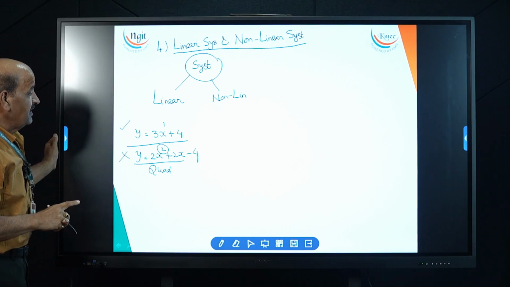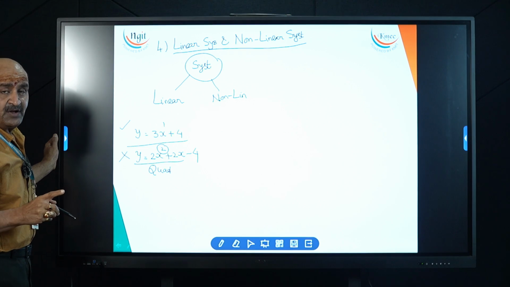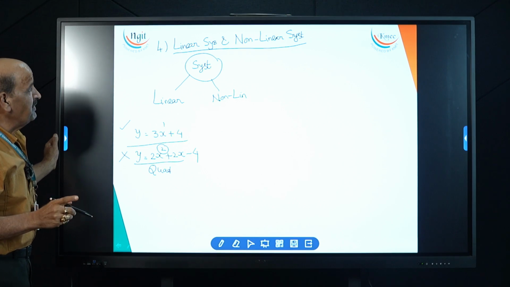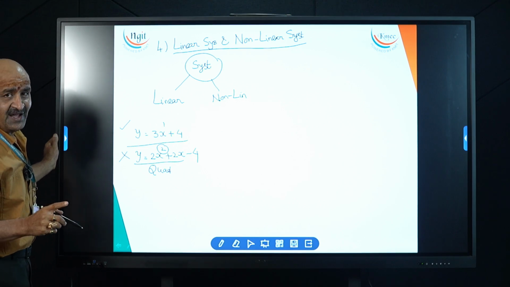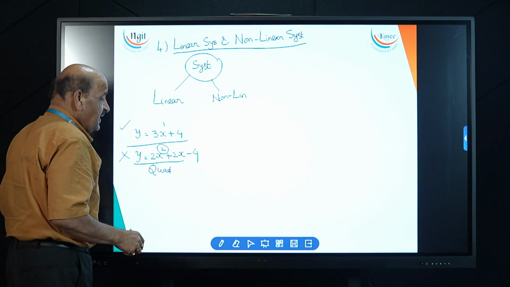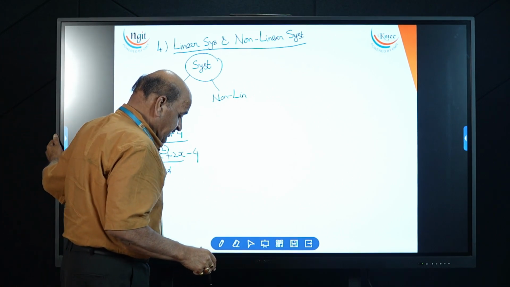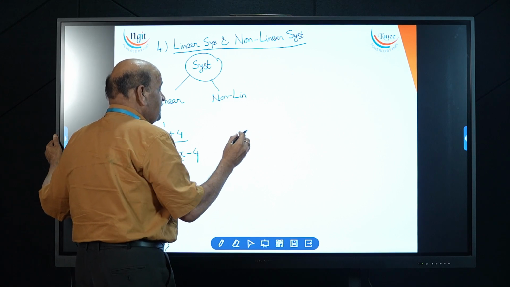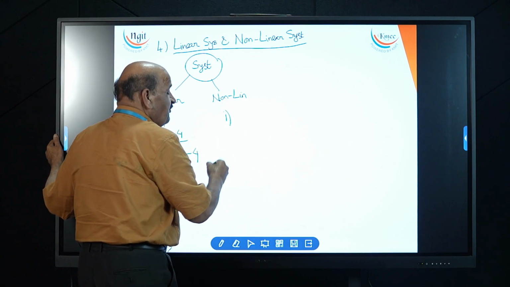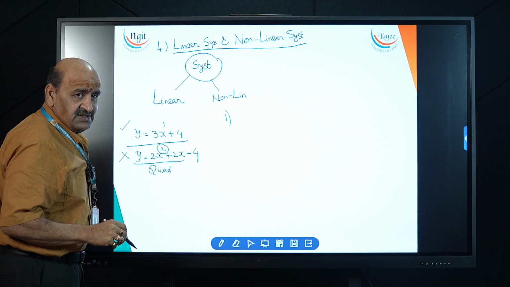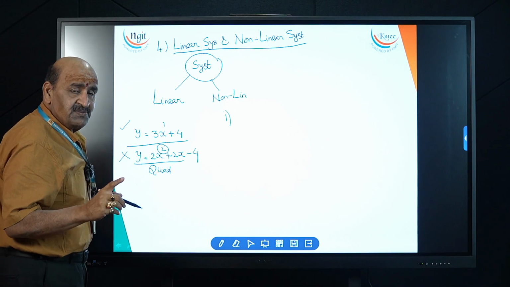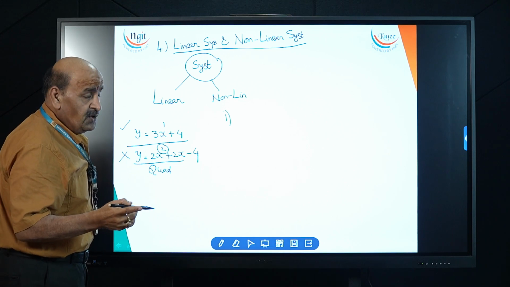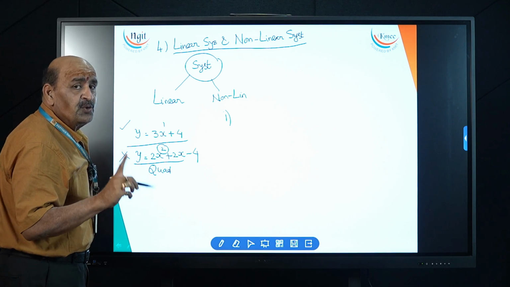In the same way, we are now going to differentiate between linear and non-linear systems as well. To decide whether a system is linear or non-linear, we have to verify two conditions.